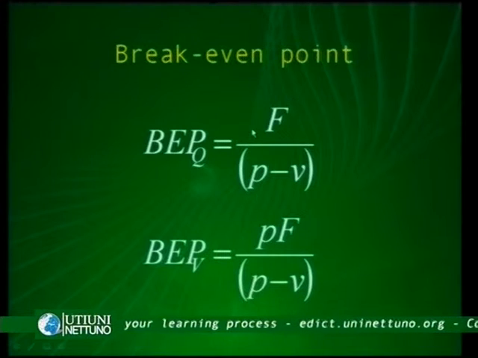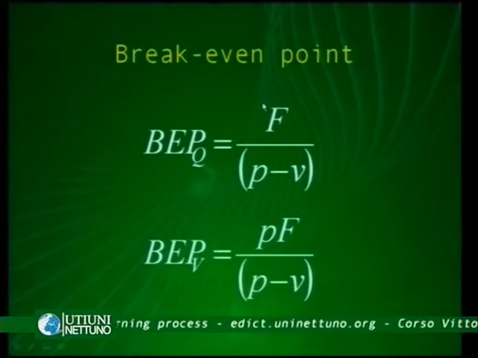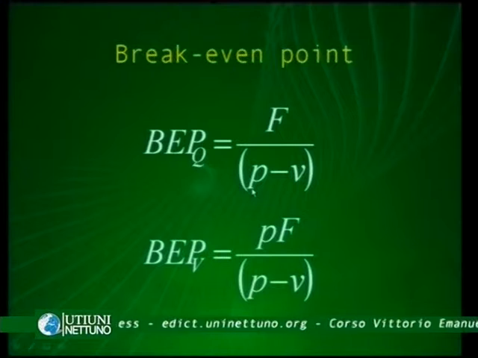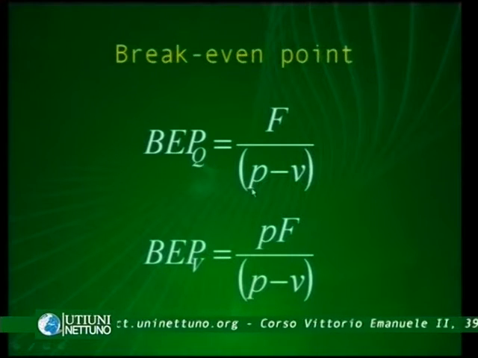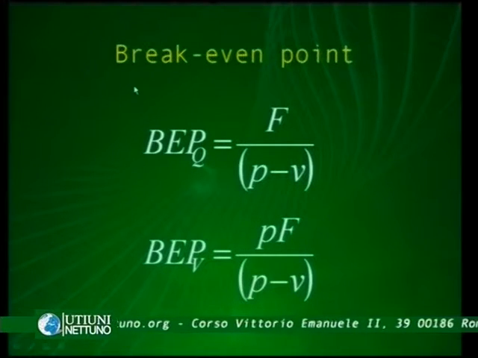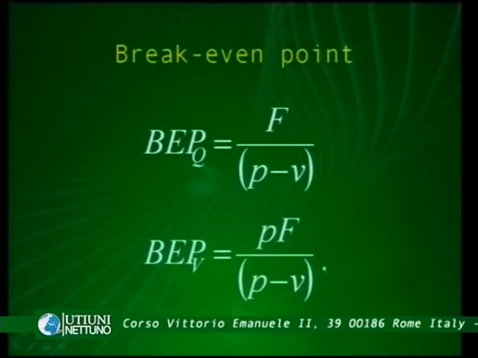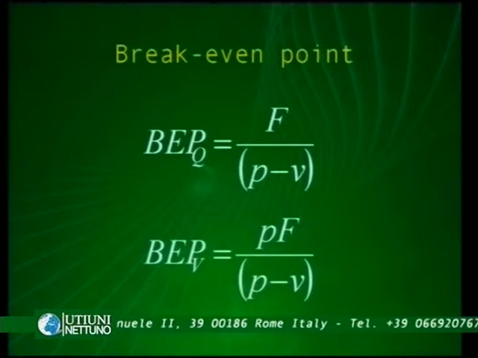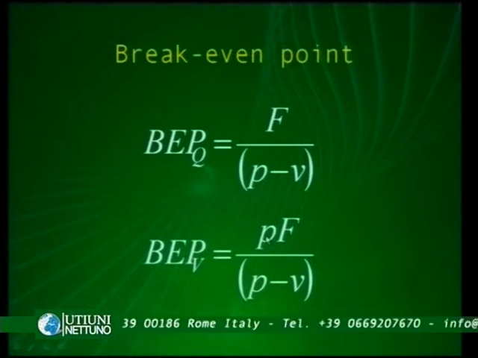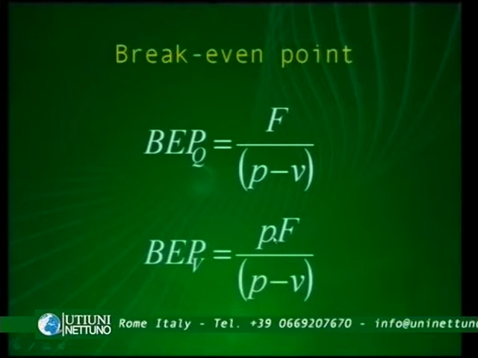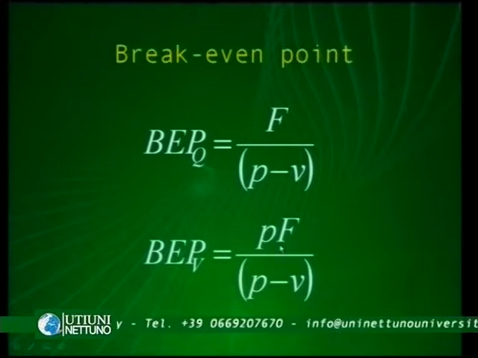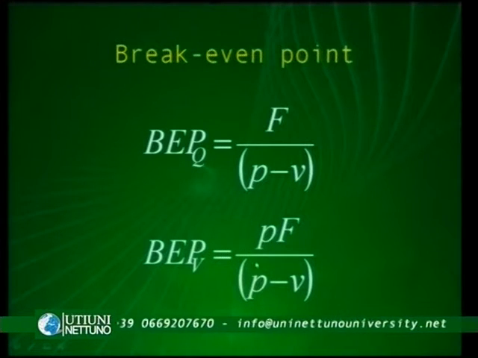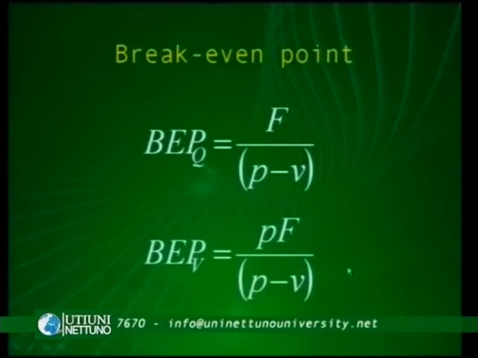The formula is fixed cost over the per unit price of sales minus the per unit variable cost. Whereas if you are analyzing the break-even point in terms of revenues, you have the product of the price times the fixed cost divided by the per unit price minus the per unit variable cost.